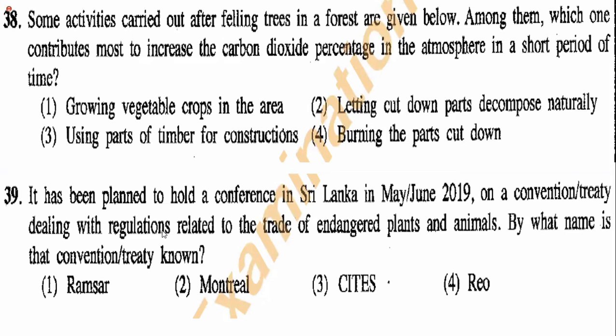First, the Ramsar convention. It is related to the wetlands. The Ramsar convention is related to protection of wetlands. Second one, Montreal Protocol. The Montreal Protocol or convention is related to depletion of the ozone layer.